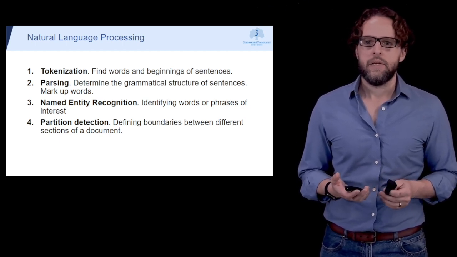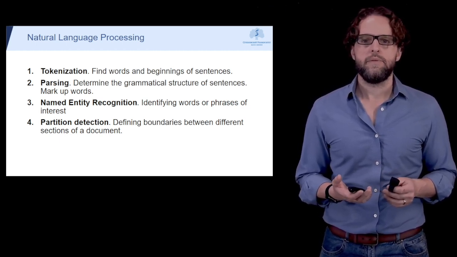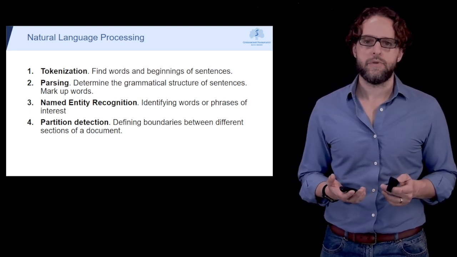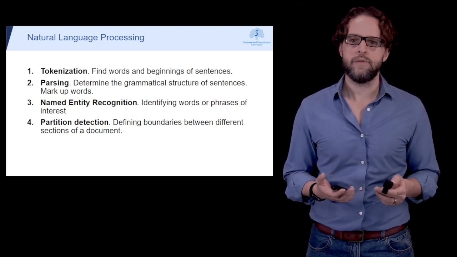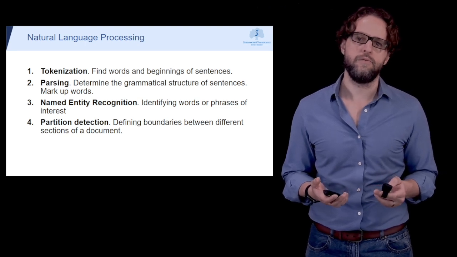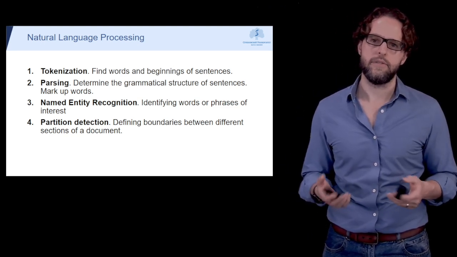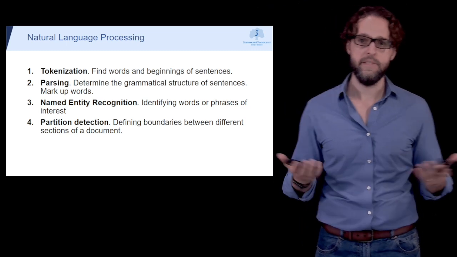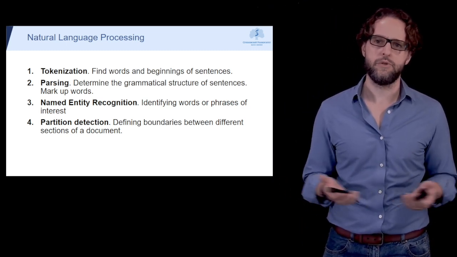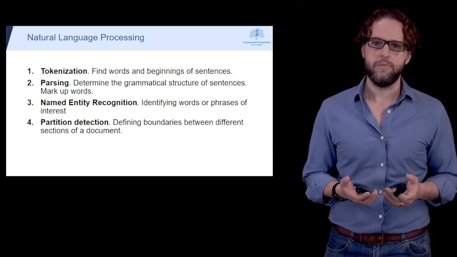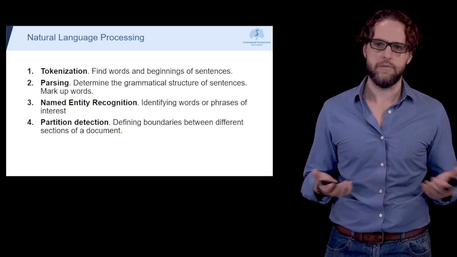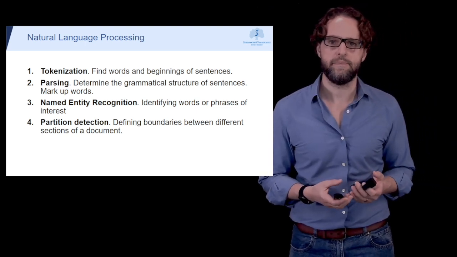Then partition detection, which defines boundaries between different sections of a document. It's also important because different parts of a document are stored with different purposes, and we should understand in which section a certain information was listed.